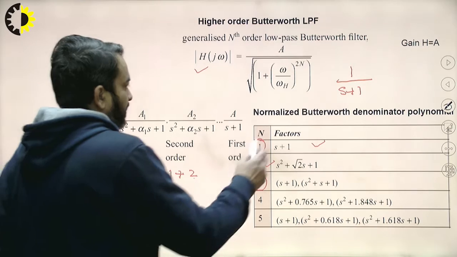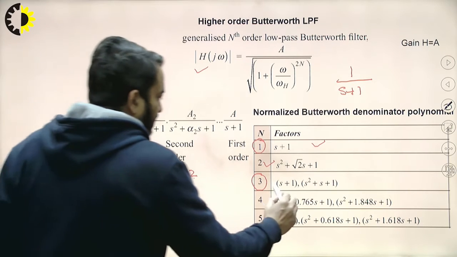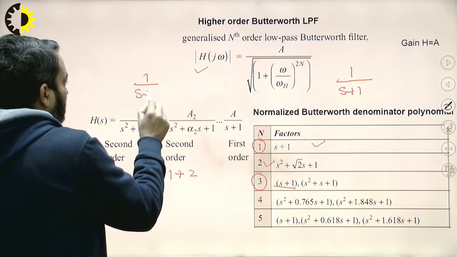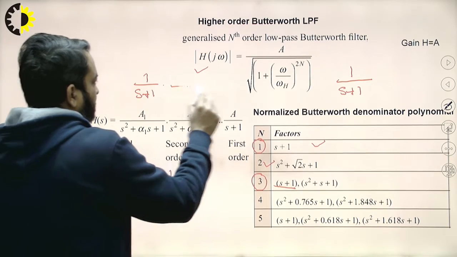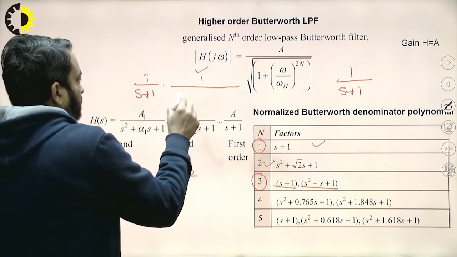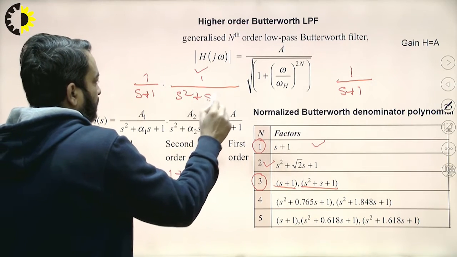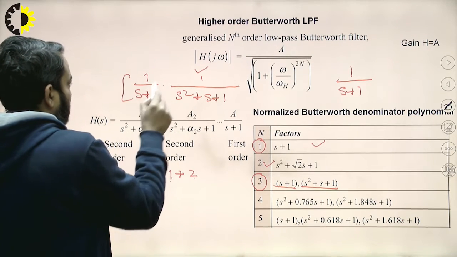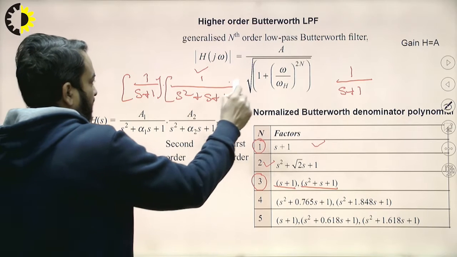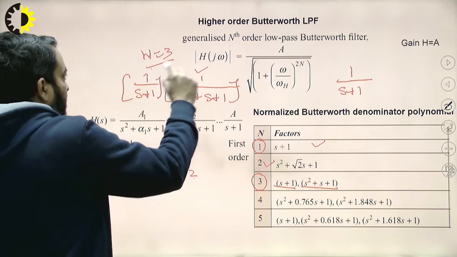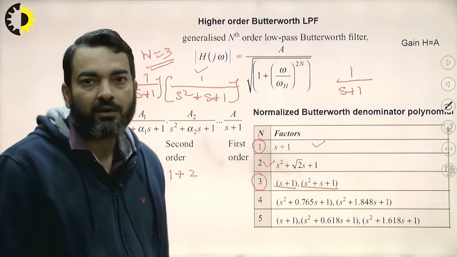The transfer function will be the first term, the first order section, and the second term, the second order section. We simply cascade this section and this section to realize n equal to 3, the third order Butterworth.